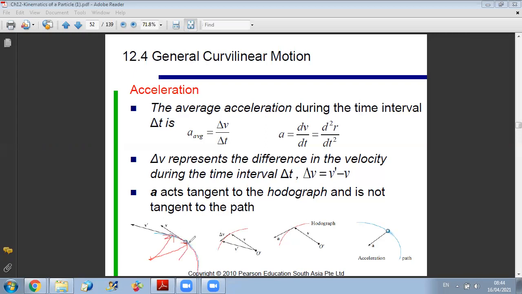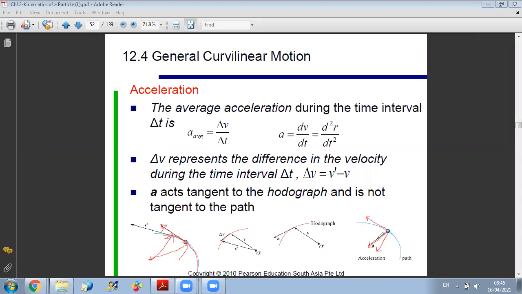Then the velocity vector will be tangent to this path, because v is always tangent to the trajectory. On the other hand, the acceleration in this graph will have two components, and you will see this together. The acceleration will be divided into tangential and normal components, and we will see how to divide it.